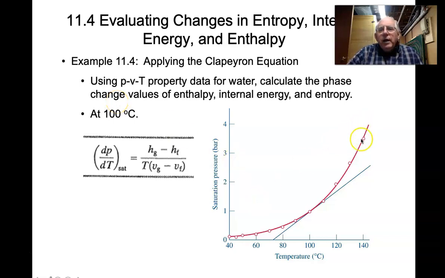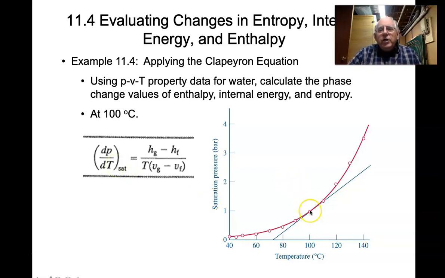And so if we had that data from our chart or possibly from the test software, this left-hand side, if we evaluate it at 100 Celsius, is really just the slope of that line at that 100 Celsius. There's a temperature and a pressure associated with that, and the slope there is equal to the left-hand side, how the pressure changes with temperature.